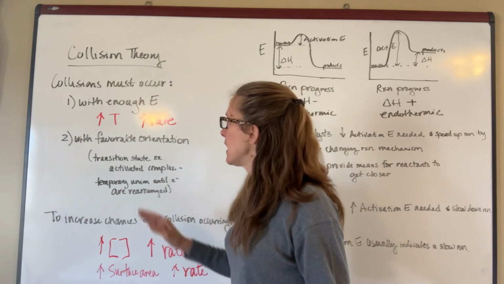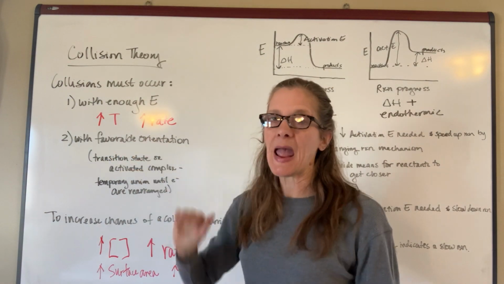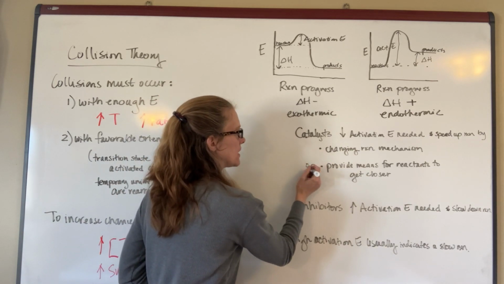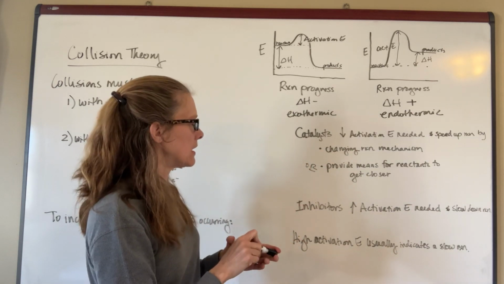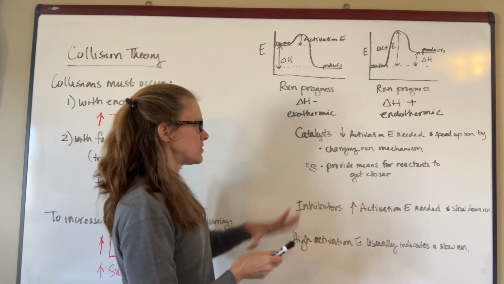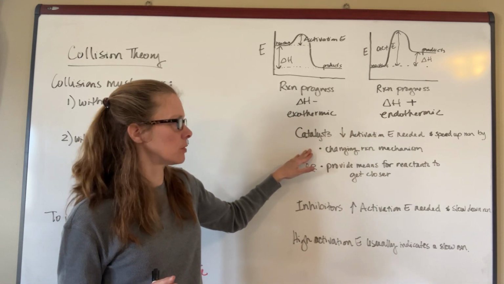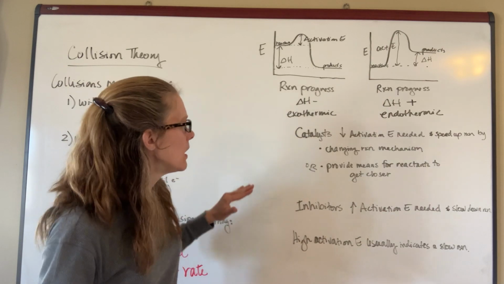So it makes this favorable orientation happen much more easily. Okay, now this is usually one or the other. And so, see, this piece we're going to talk about the next video. So hang on to your hat for this one.